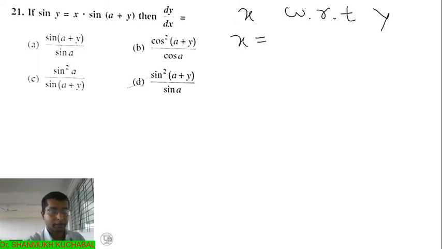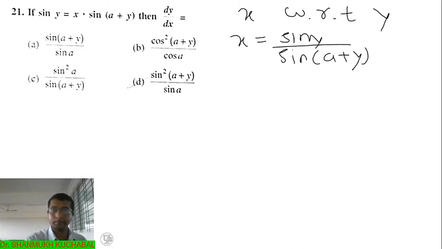x equal to sin y divided by sin(a plus y). So the differentiation of x with respect to y is dx divided by dy. Since the variable y is present in the numerator as well as the denominator, we have to use the quotient rule.